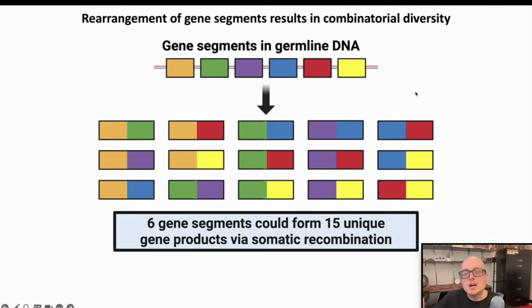So with that rule in mind, how many different combinations can we get if we can only go in a downstream direction in terms of the recombination? Well, if you add up all the possible combinations, you can see that even starting with only 6 gene segments, if we apply the rules of somatic recombination, we can actually form 15 unique gene products.